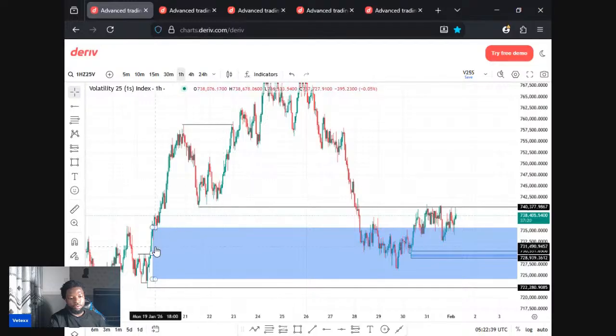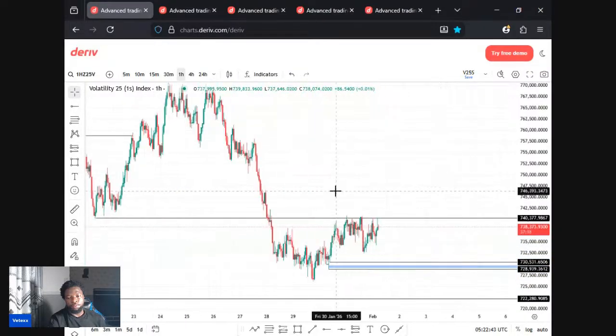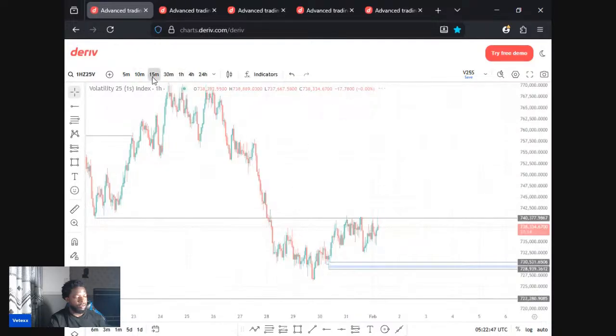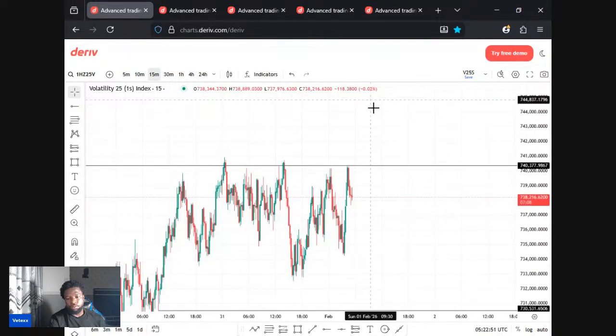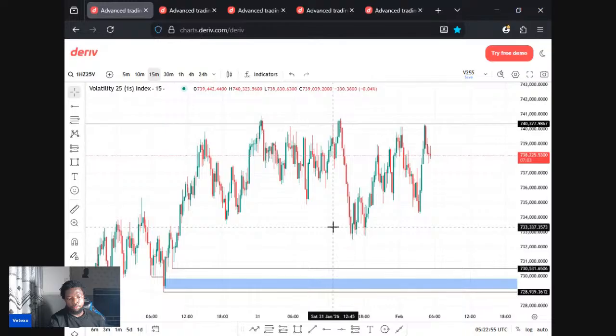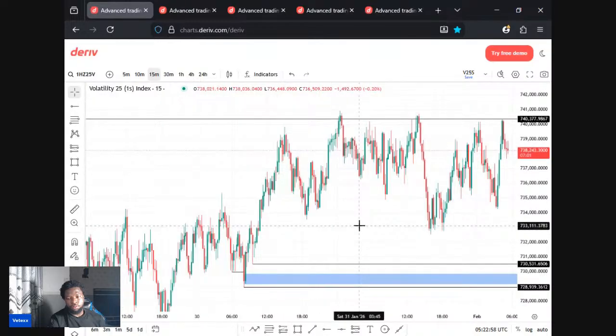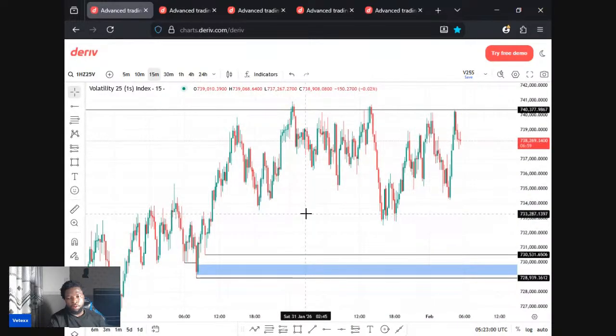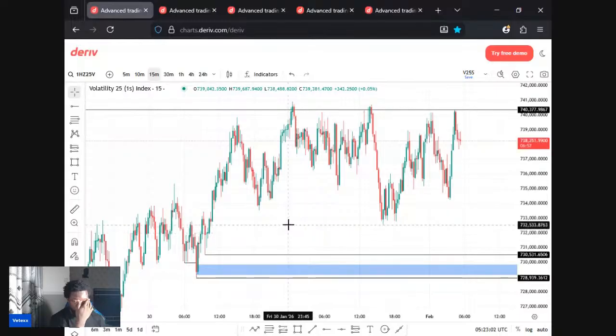Okay, so this is our point of interest. Now the next thing for us to do is go to the 15 minutes time frame and start looking for continuation. If there's any continuation, start looking for it. So we already had this continuation that we've marked now.